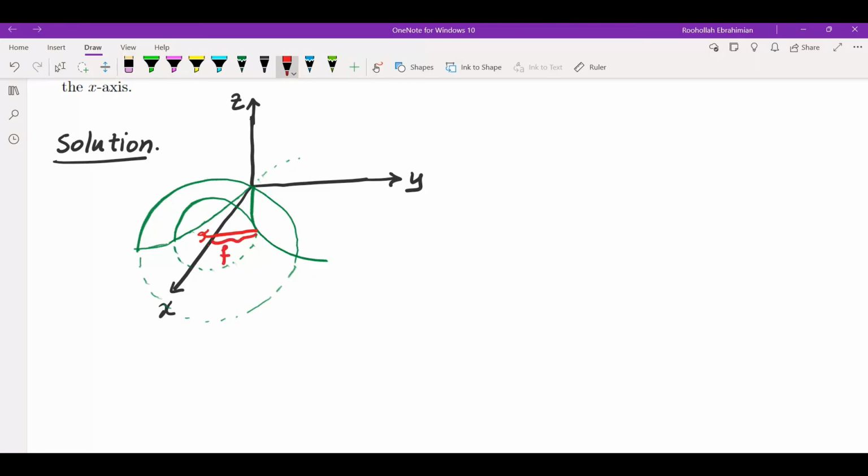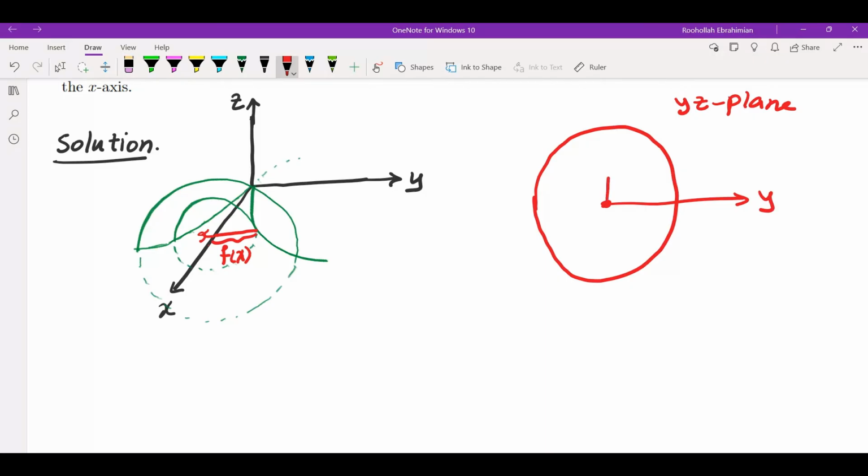This radius is going to be f of x. So if I draw that circle right here, you have a circle parallel to the YZ plane. One direction is the y-axis, the other direction is the z-axis.